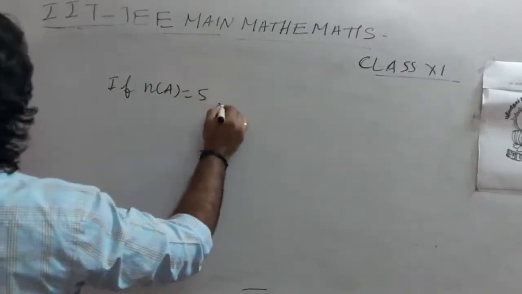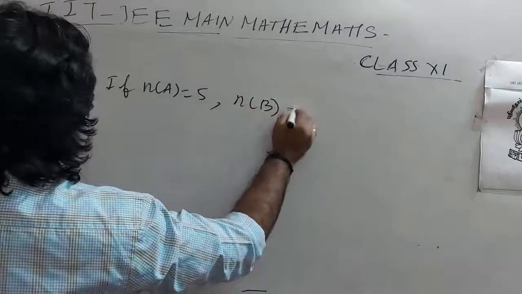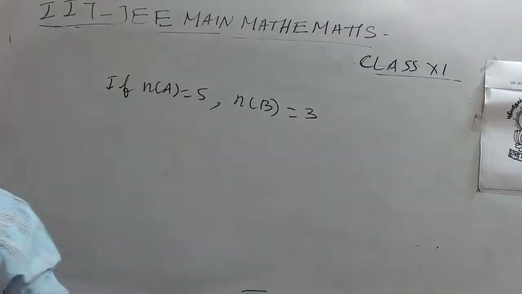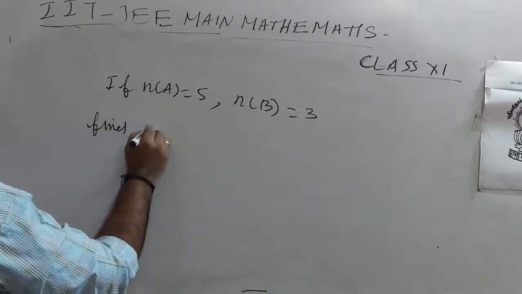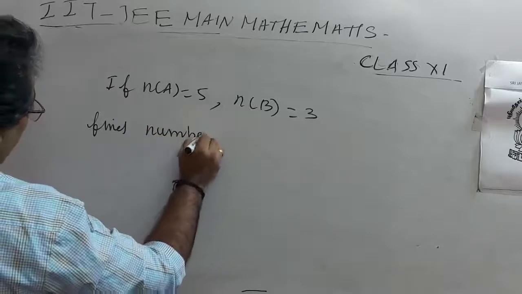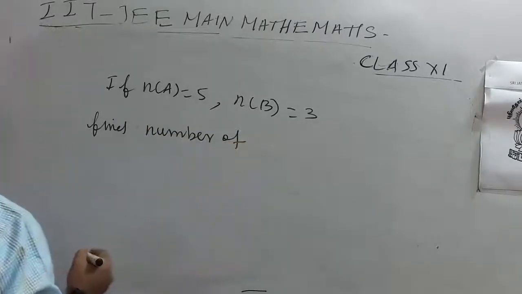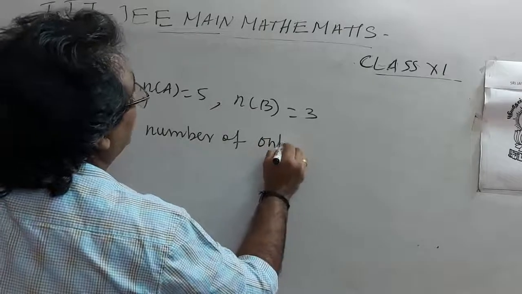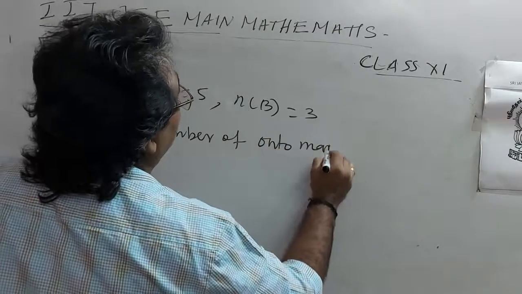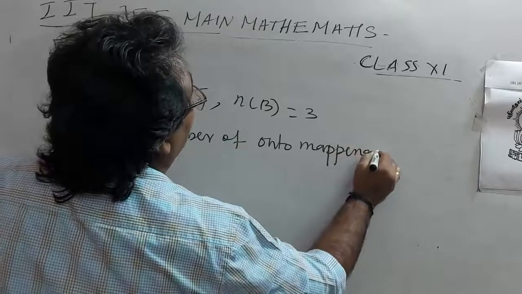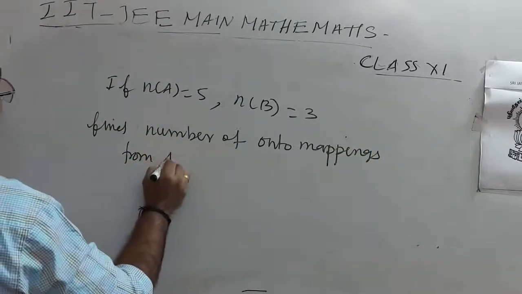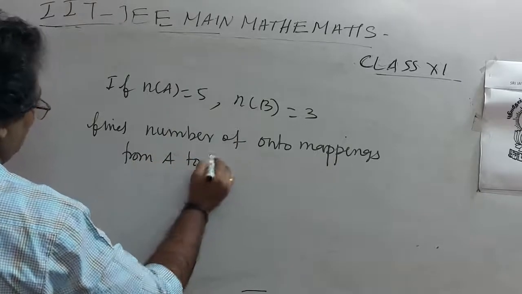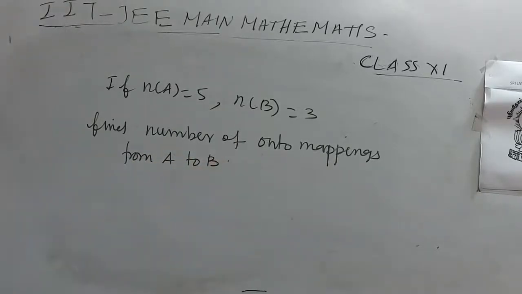If n of A equal to 5, n of B equal to 3, find the number of onto mappings from A to B. In onto mappings, there will not be blank; blank is not allowed.